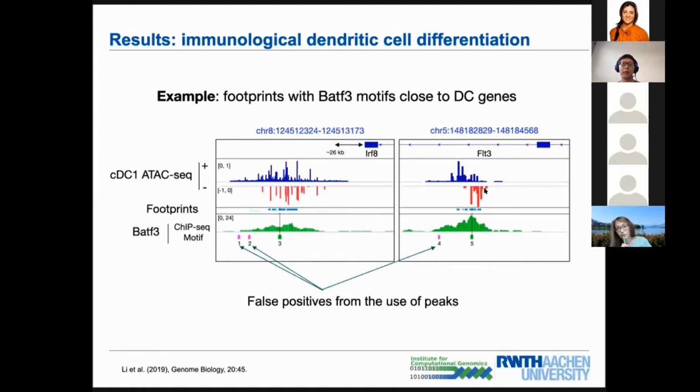And from this picture, we can see that the predicted footprints, as shown in the middle, are supported by both motif and ChIP-seq, meaning that HINT-ATAC provides highly specific predictions. On the other hand, without using footprinting, we will have more false positives, as shown here on the bottom.